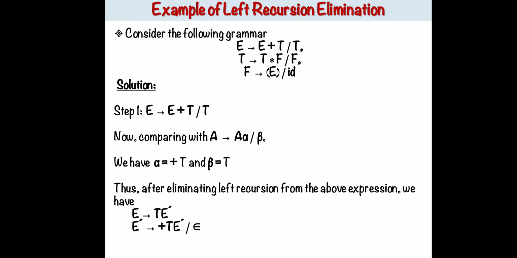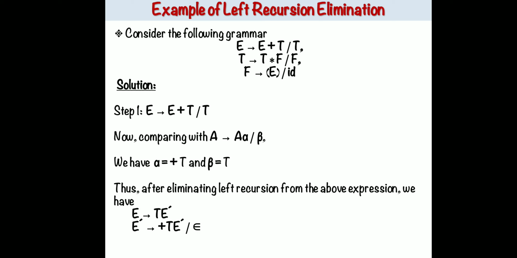This is an example of left recursion elimination. As we can see, there is a grammar E arrow E plus T slash T, T arrow T into F slash F, F arrow E within the parentheses slash ID.